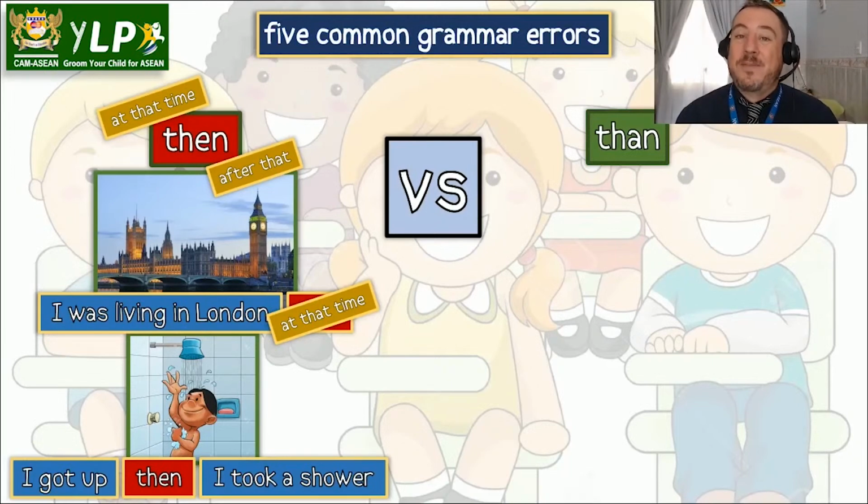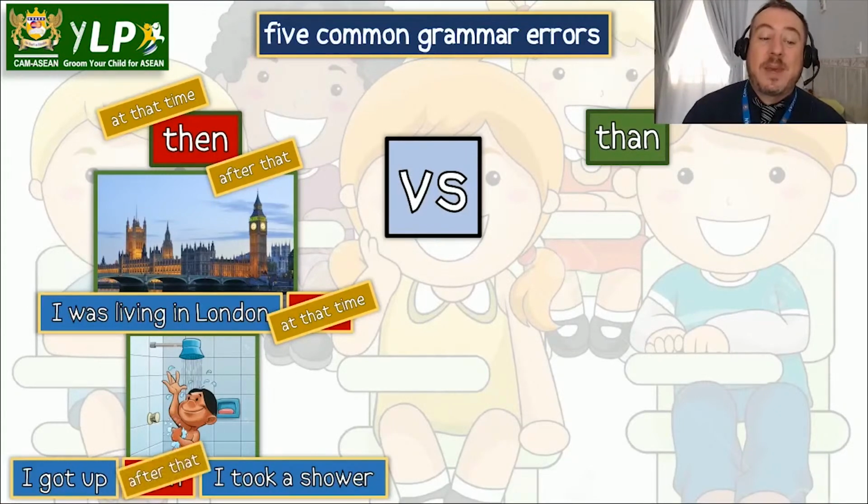Then I ate my breakfast. Then I went to school. We use it to talk about a sequence. And we can also use then to mean after that. I got up. After that, I took a shower. After that, I got dressed.